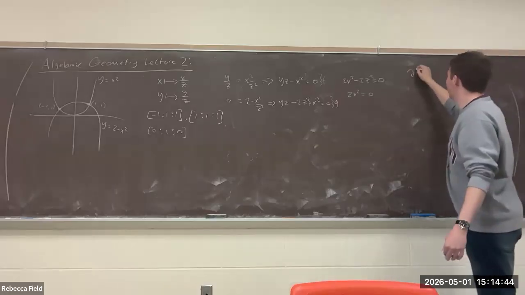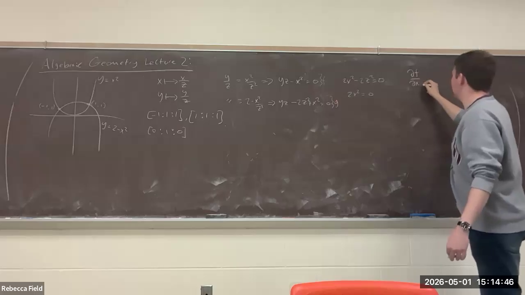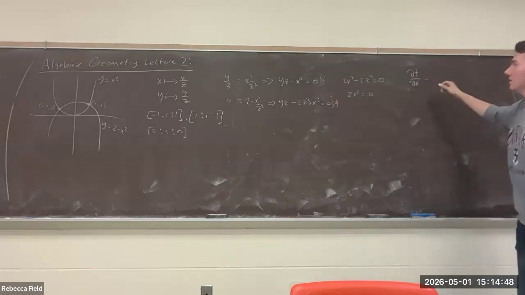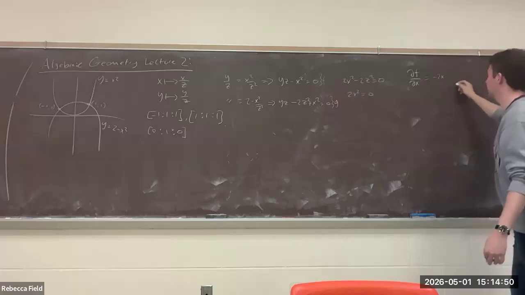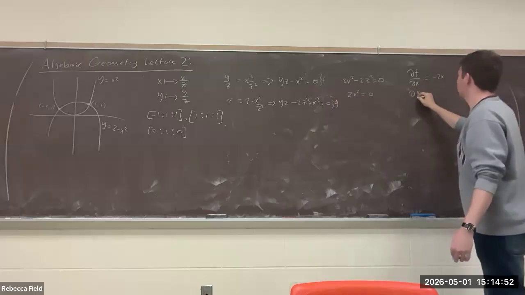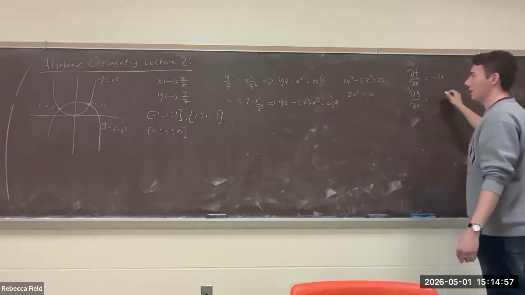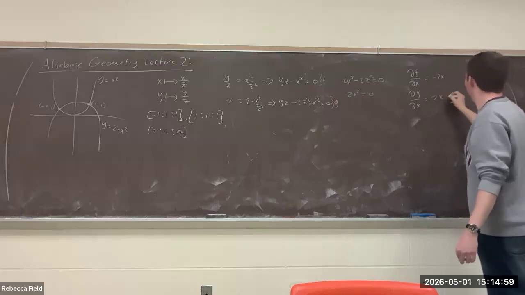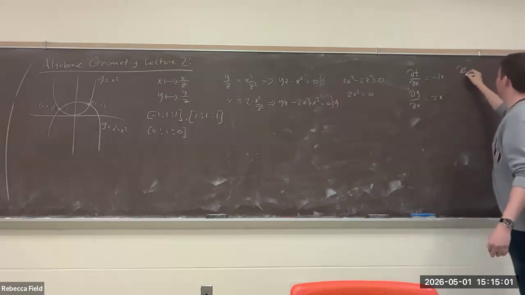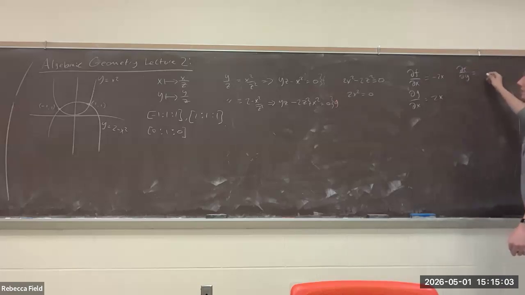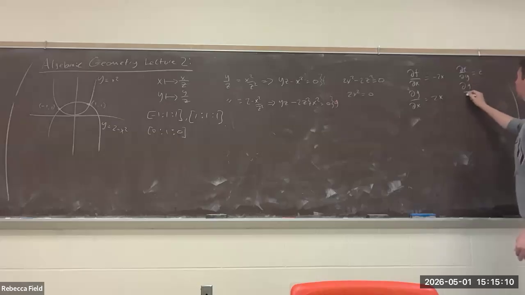Okay. So the partial of f with respect to x is going to be minus 2x. The partial of g with respect to x is going to be 2x. The partial of f with respect to y is equal to z, and the partial of g with respect to y is also equal to z.